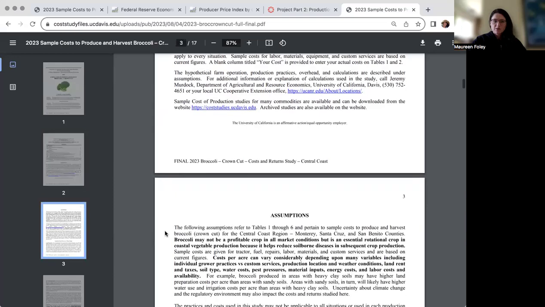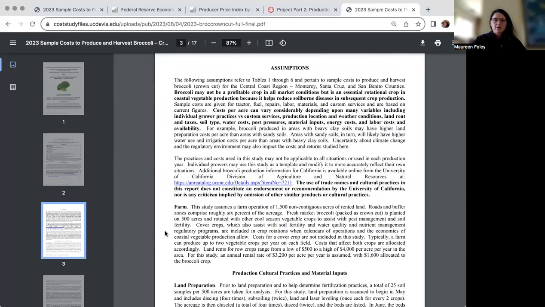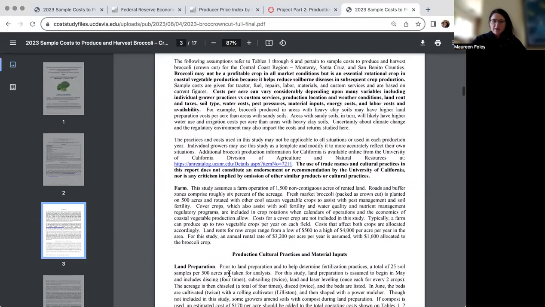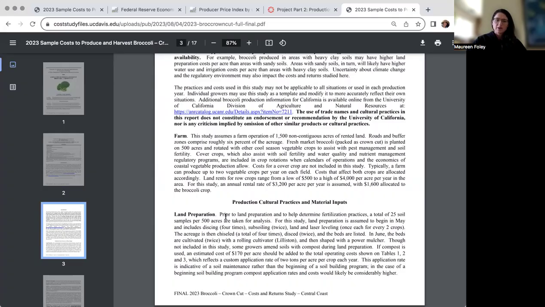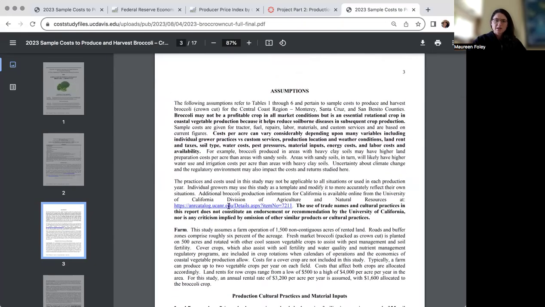And then if you keep scrolling down, you come to this page, assumptions. Now there's a lot of information under here, under assumptions. And this assumptions part of the paper encompasses all of these other subheaders that are below it before you see the first table. So the assumptions are basically the assumptions that the researchers make to put out a cost study like this.